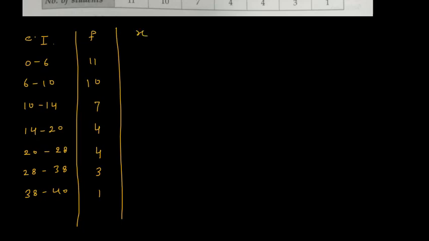So 0 plus 6, 6 upon 2 we get 3, 6 plus 10, 16 upon 2 we get 8, 10 plus 14 it is 24 divided by 2, 12. Similarly 14 plus 20, it is 34, so you get 17. 20 plus 28 it is 48, so you get 24. 28 plus 38, so you will get 33, and 38 plus 40, you will get 39.